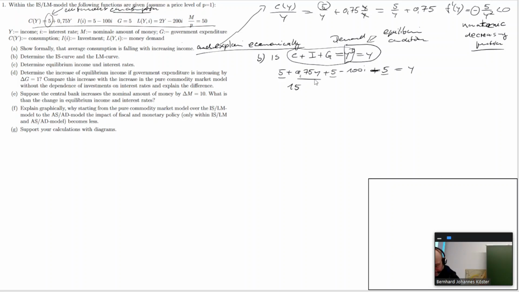So we obtain 15 minus 100i equals 1 minus 0.75 times y, which is 0.25 y. In order to obtain only a y on the right side, we have to multiply by 4. So y is 60 minus 400i.